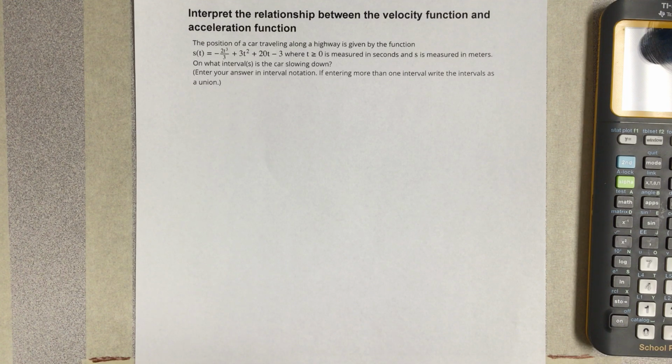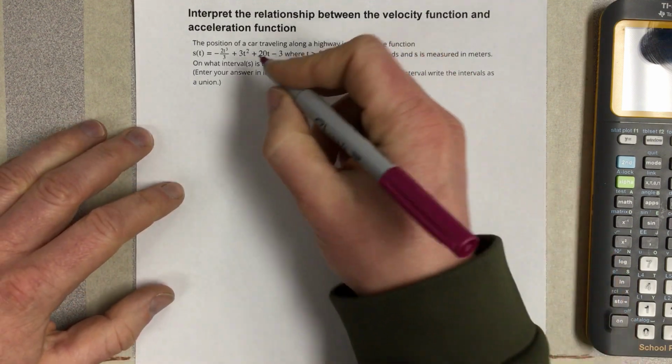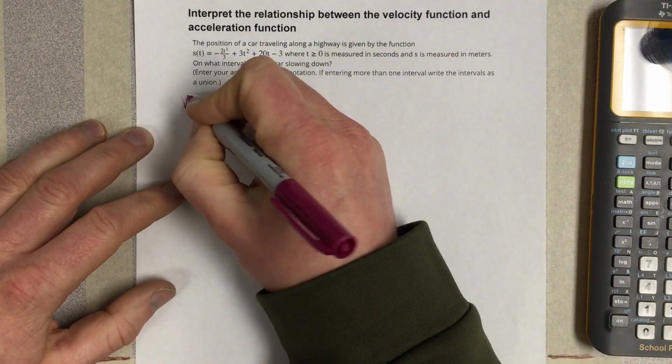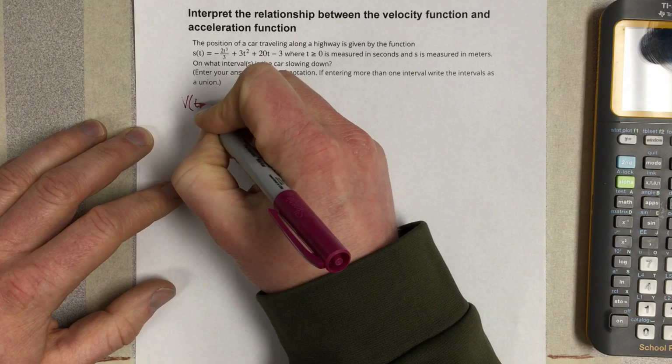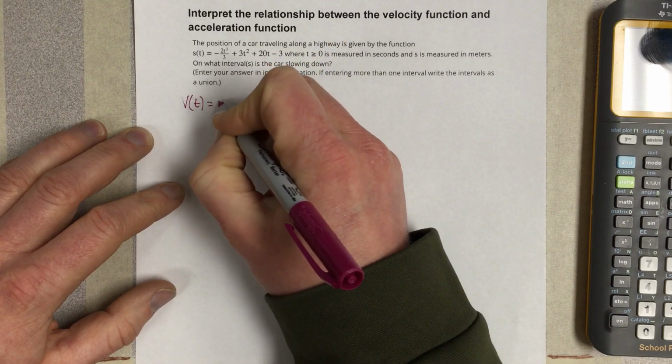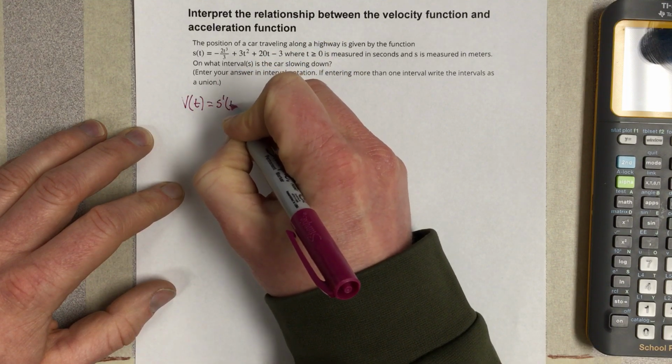So the first thing I'm going to do is find the velocity and the acceleration equations. To find the velocity equation, we know that the velocity equation is going to equal s prime of t.